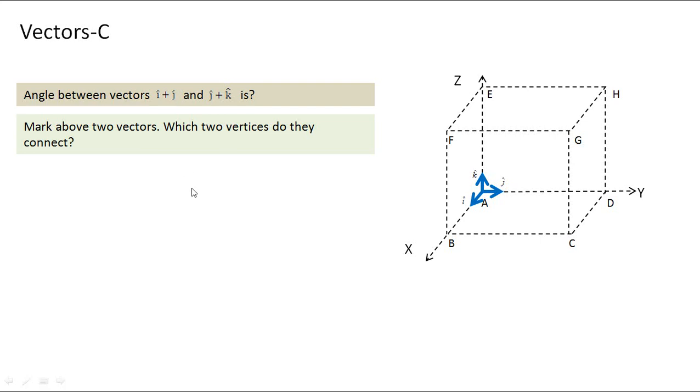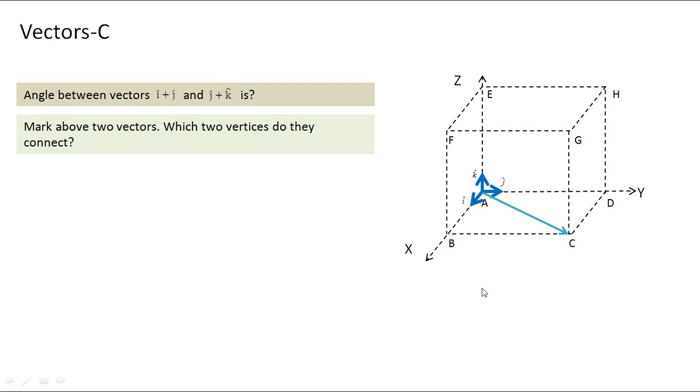That you can quite easily find out. Can you mark? Before I mark it, you should try it yourself. So this would be i cap plus j cap. Why? Quite simply, i cap plus j cap should have a coordinate of 1 1 0. So this is the first vector.